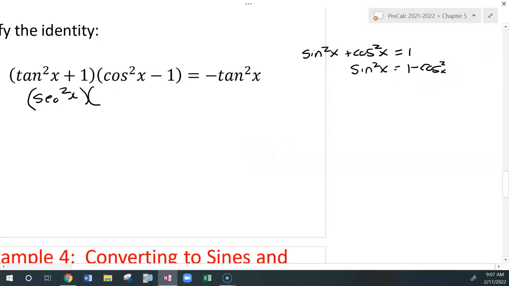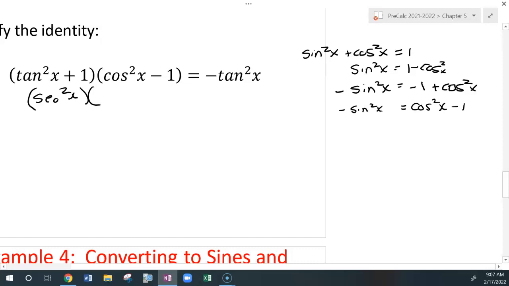Now what I have in my identity is cosine squared x minus 1. So if I multiply both sides by negative 1, I get negative sine squared x equals negative 1 plus cosine squared x. And then I'm allowed to flip this around. So this is cosine squared x minus 1 equals negative sine squared x.